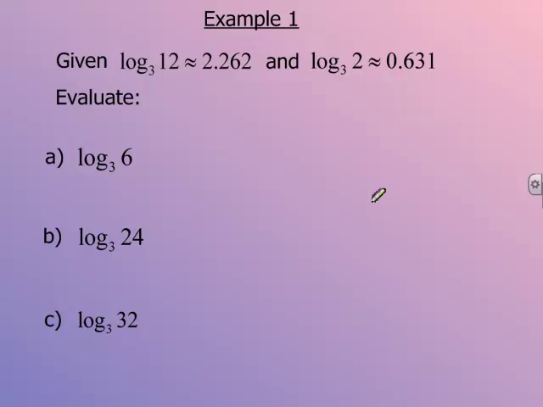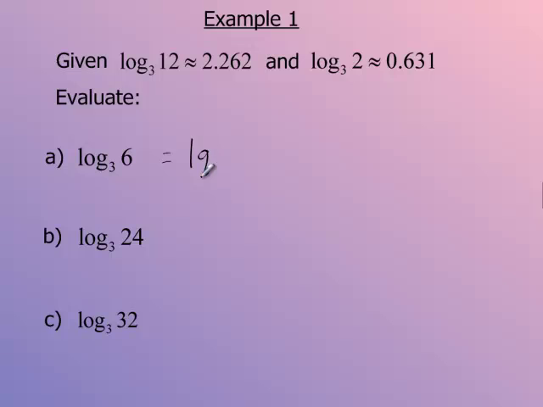Here I have log base 3 of 6, but I'm not given a log base 3 of 6. So I need to figure out which property I can use so that I can use these specific values, 12 and 2. Well, I do know that 12 divided by 2 is 6.